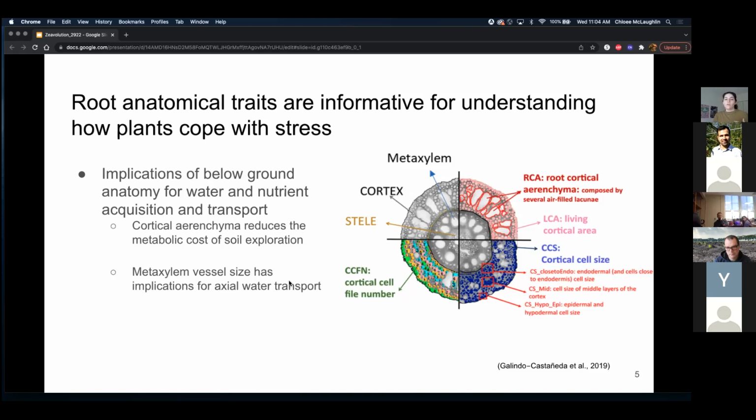Then metaxylem vessel size, these vessels that conduct water up to the rest of the plant body, has large implications for the axial water transport of roots, where smaller metaxylem vessels have been associated with drought tolerance and are thought to be a strategy to reduce water conductance in water limiting areas.